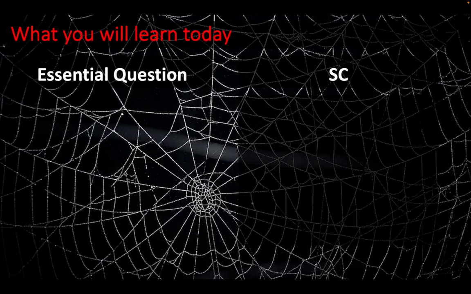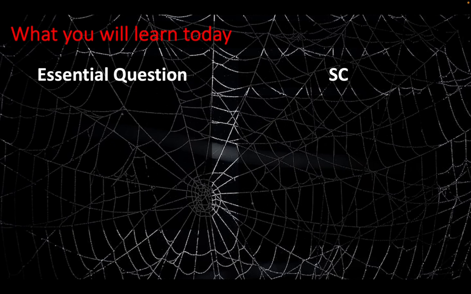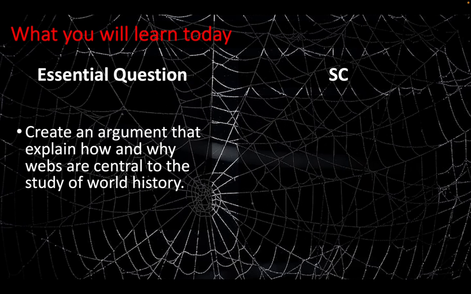So by the end of this lesson, not only this video, but the assignment and also the second video, we need to be able to create an argument that explains how and why webs are central to the study of world history. So the first thing we need to do is talk about how we study history using not only the global perspective, but also what the parts of arguments are.